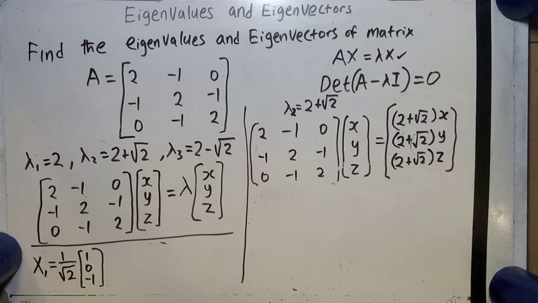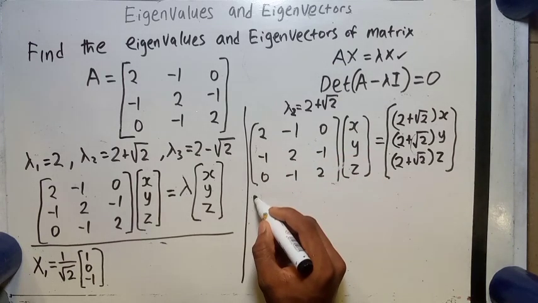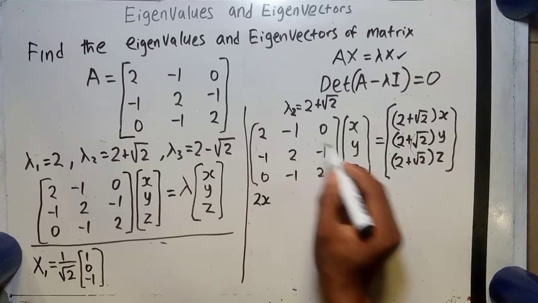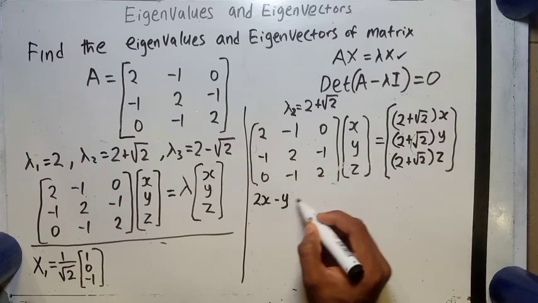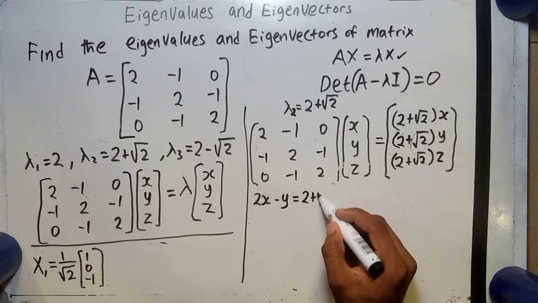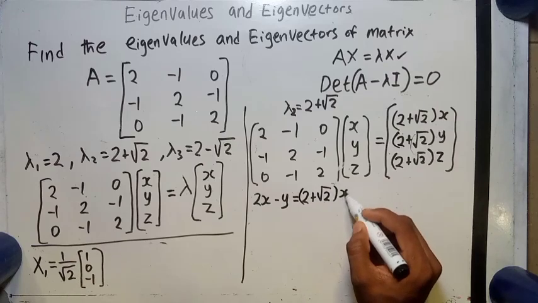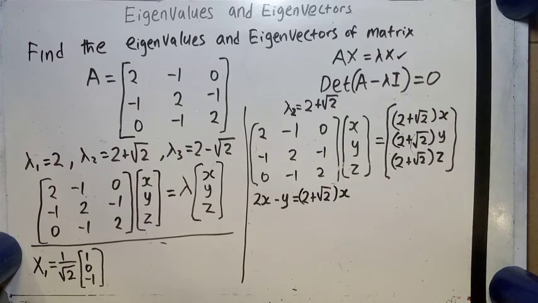Now we can simplify. We're going to be having 2x minus y, 0 times 1 is 0, so it's going to be giving us 2 plus square root of 2 all multiplied by x.